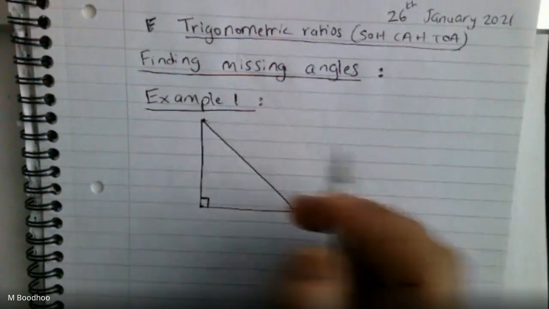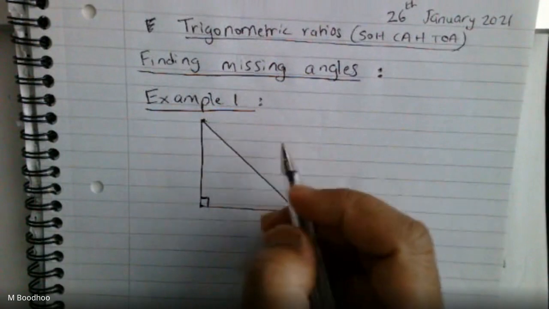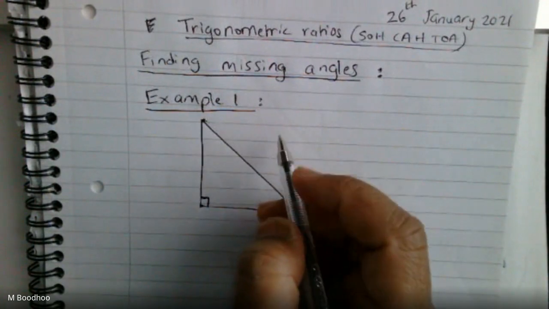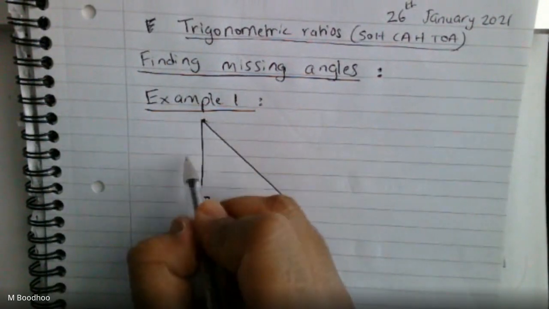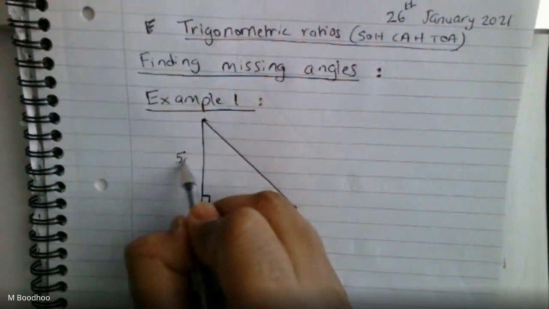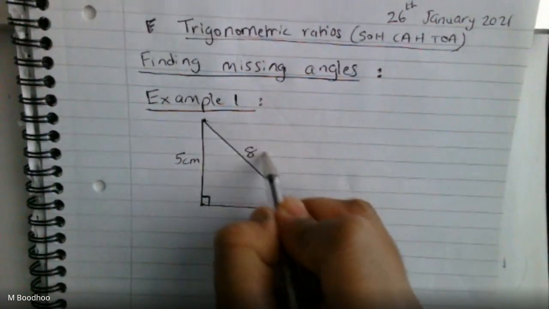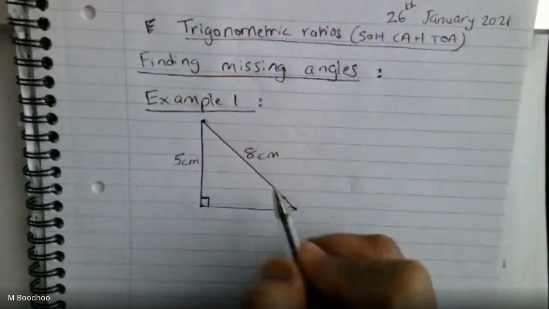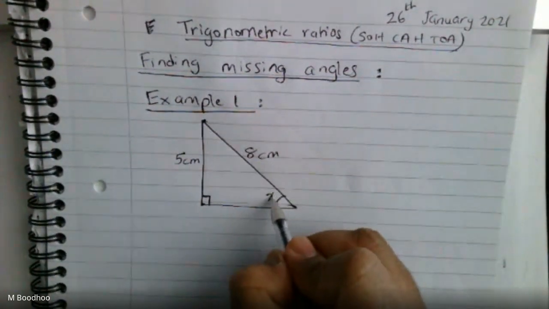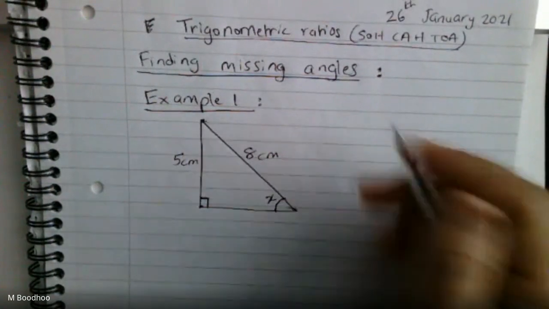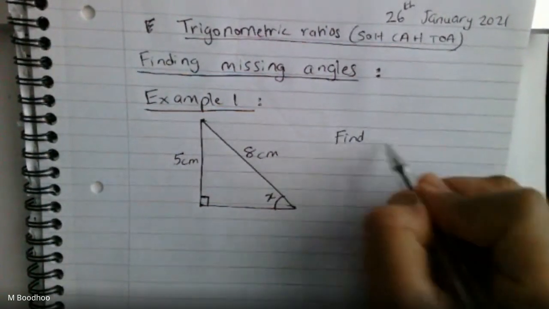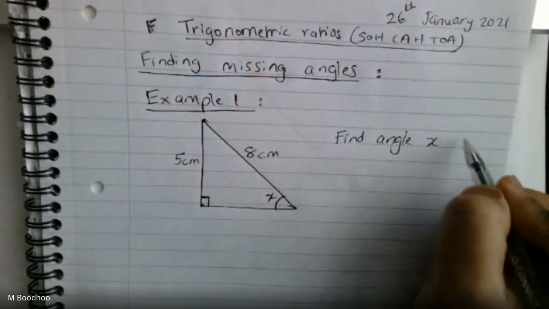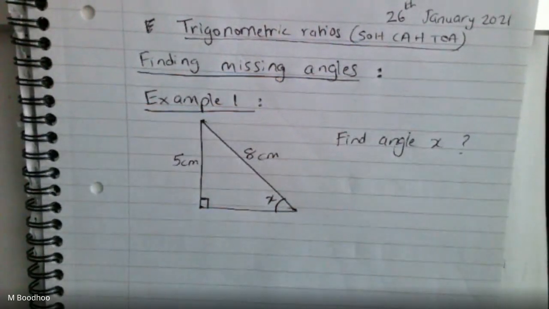So let's say I give you this side here, which is 5 centimeters, and this side here, which is 8 centimeters. And the question is to find angle X, which is just at the bottom there. It's very easy.